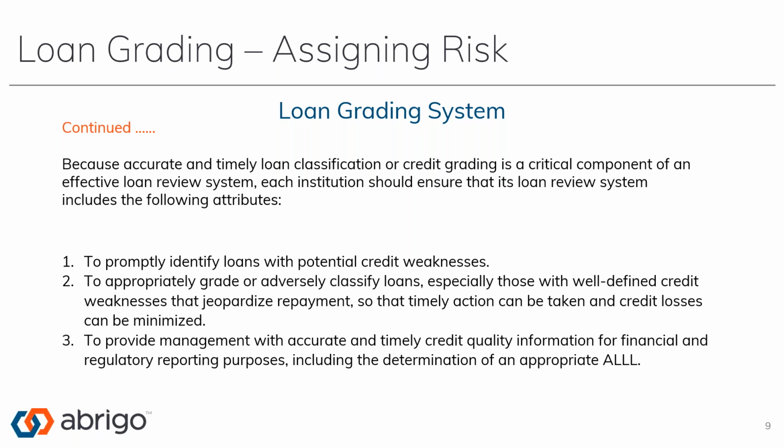Two, it should appropriately grade or adversely classify loans with well-defined credit weakness and jeopardized repayment, so we know how to minimize that risk. And three, it should provide management with accurate and timely credit quality information for financial and regulatory reporting purposes. That would be allowance calculations, stress testing, and understanding the impact to the financial institution's capital.